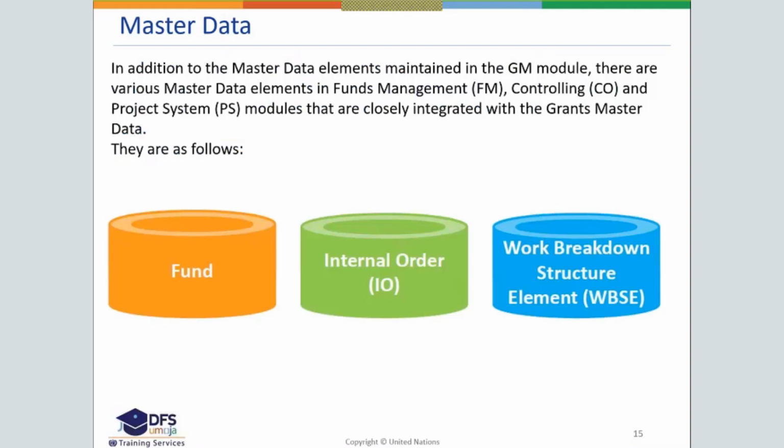The fund comes from the fund management module, the internal order from controlling, and the WBSE is a little bit in the middle between controlling and project systems. But these 3 elements are fully integrated with grant management.